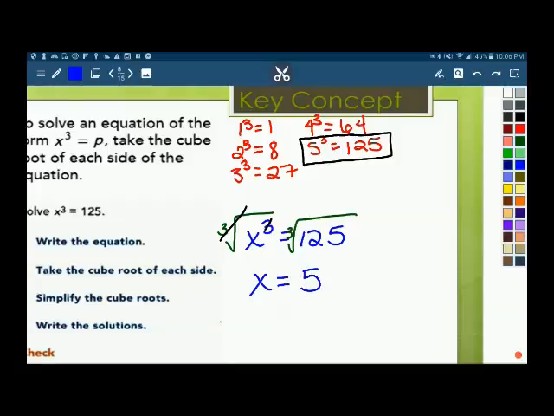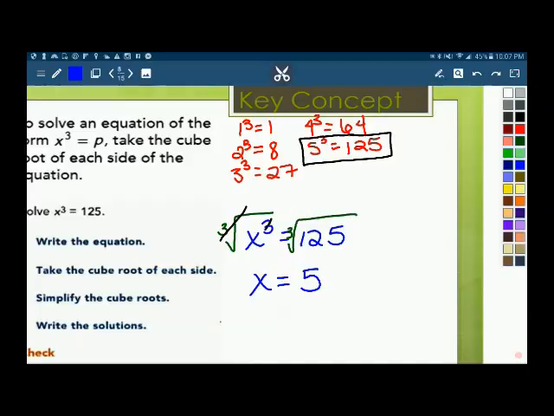Now another difference between this lesson and last lesson is we don't need to use the plus or minus symbol. As we discussed earlier in the key concept, the cube root of a number is going to match the sign of the number that you're originally cube rooting, because you have 3 numbers when you cube.